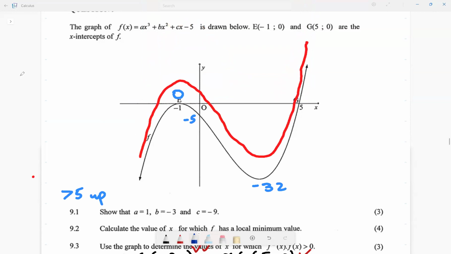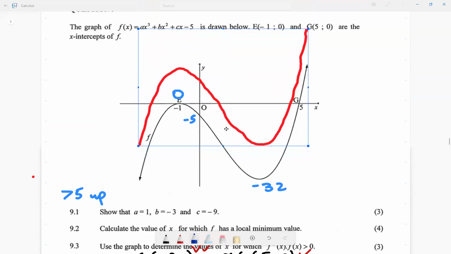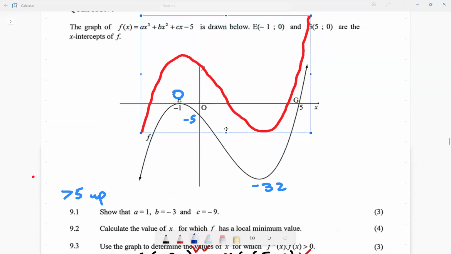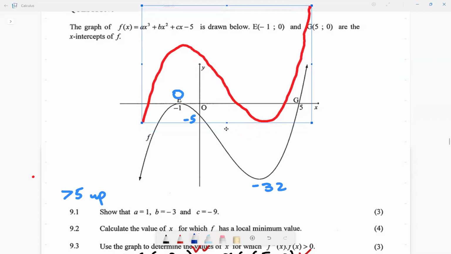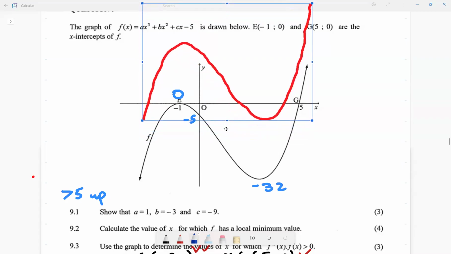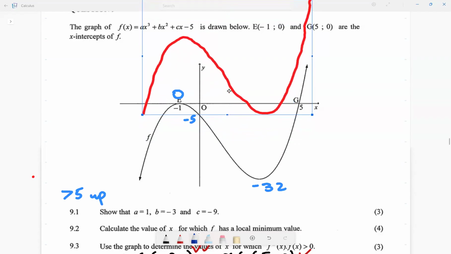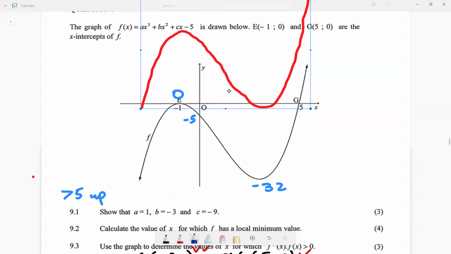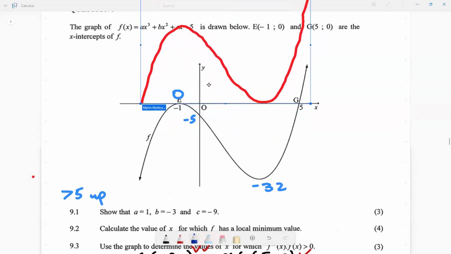Let's continue. When I continue with my graph going upwards, going upwards like that, I'm still having a negative and 2 positive roots. But can you see now they are narrowing? Let's go upwards until this point here reaches there.